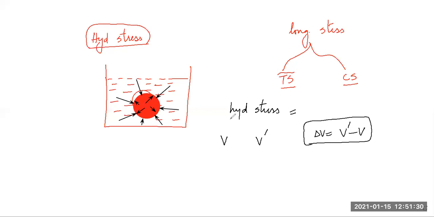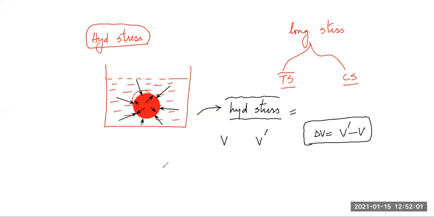So hydraulic stresses are induced in the body when there are external forces acting on the body at every point on the external surface of the body. And internal resistive forces per unit area are known as hydraulic stresses. In case of hydraulic stress, once again, there's no change in the geometrical shape of the body. The sphere remains the sphere.